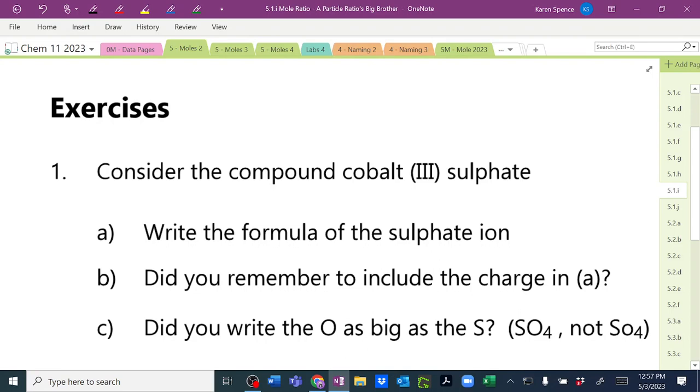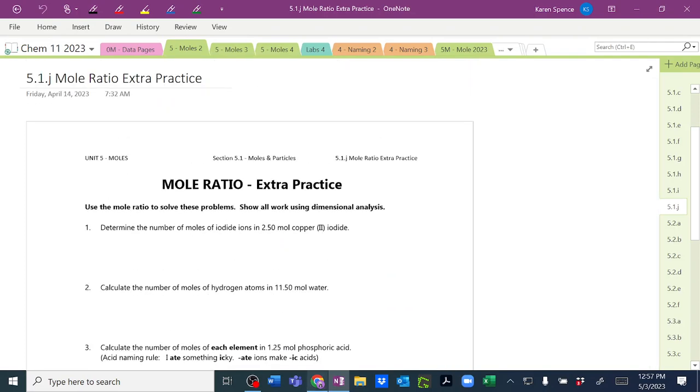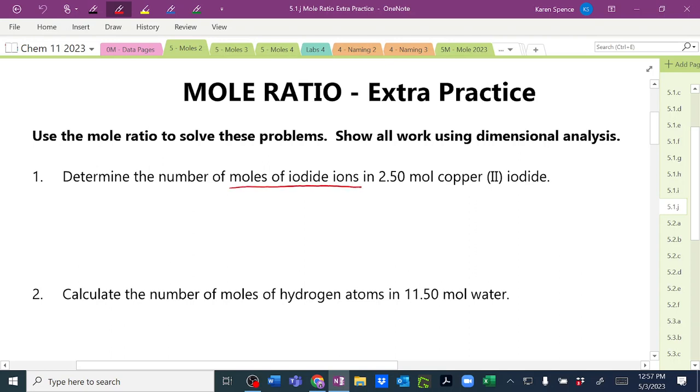Okay, we're going to actually just skip ahead right now to page 29. And we're going to do question 1 together. And you'll notice that we have moles of iodide ions. That's our unknown.